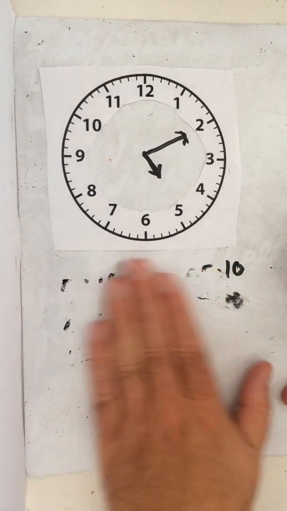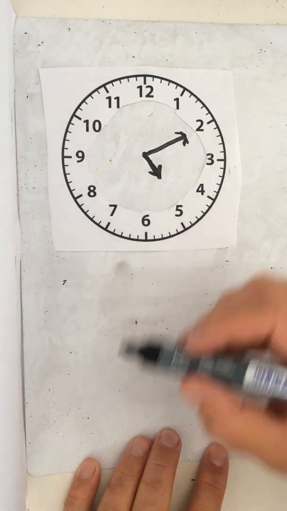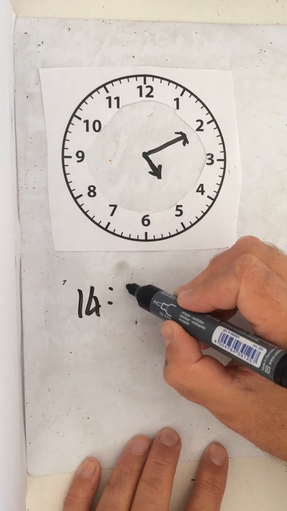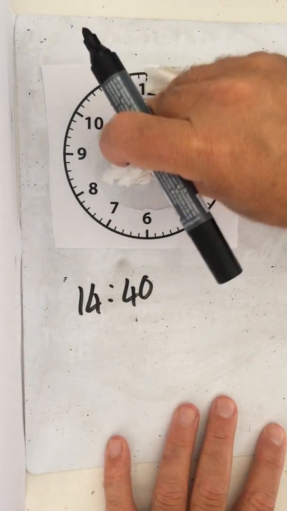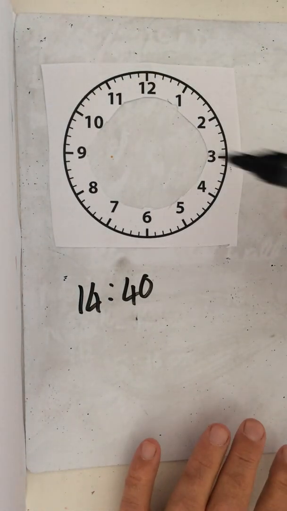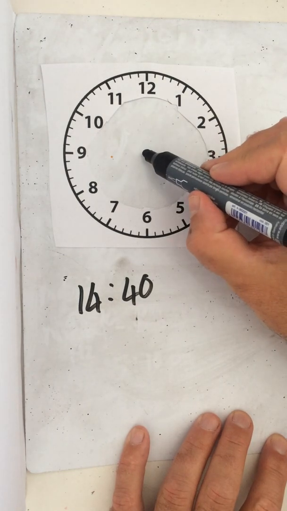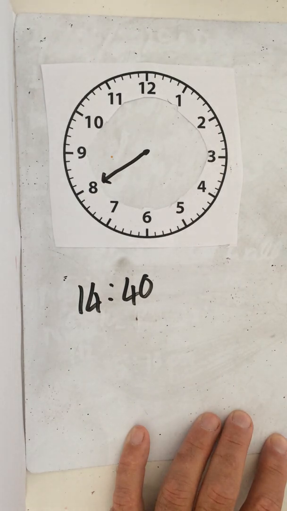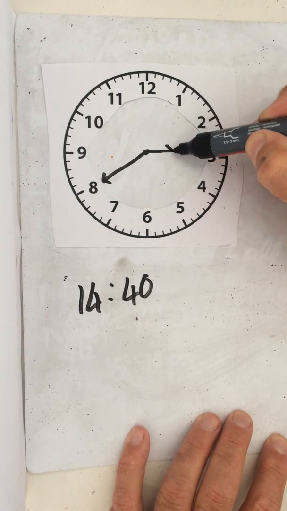So for example, can you work out what this time is? Let's go 14:40. What is that time in a normal 12-hour clock? I'll put it on here. The long hand is going to be going to there, and then the hour hand heading more towards there.